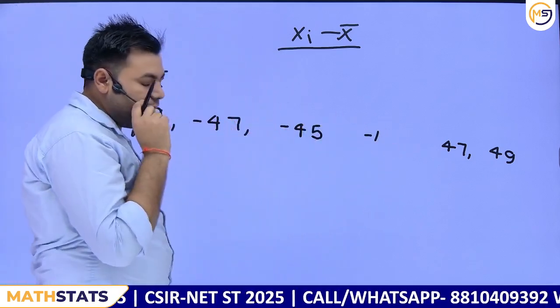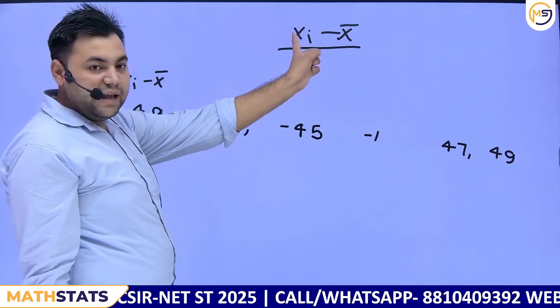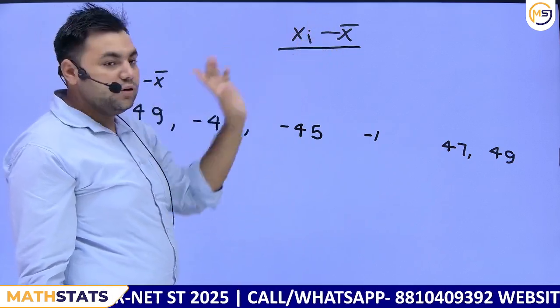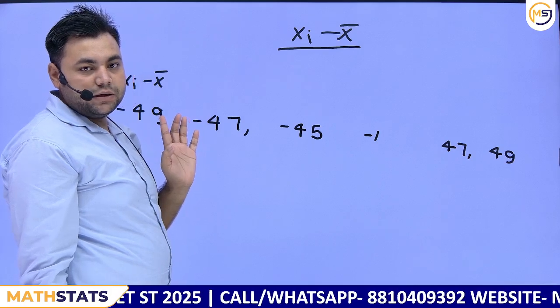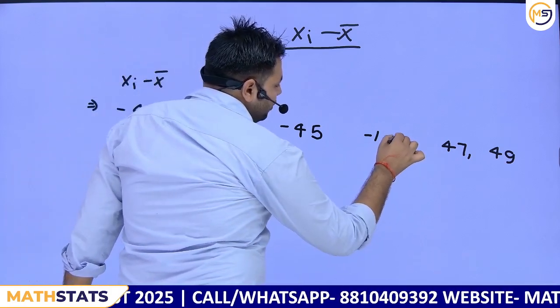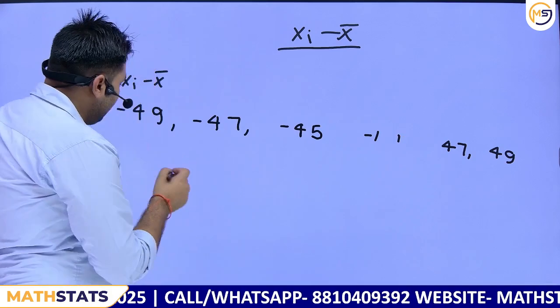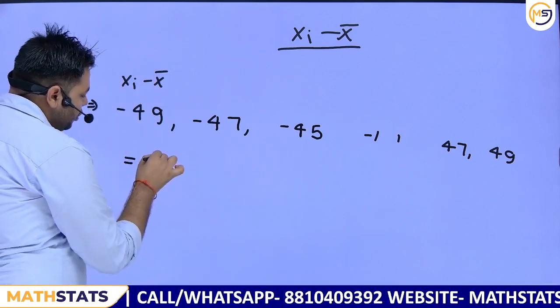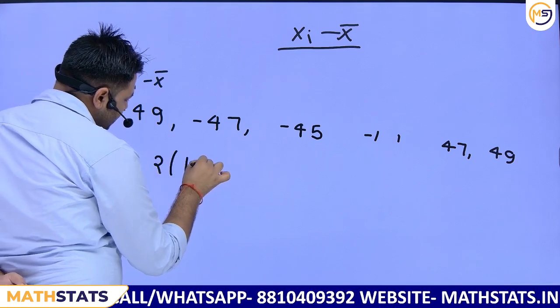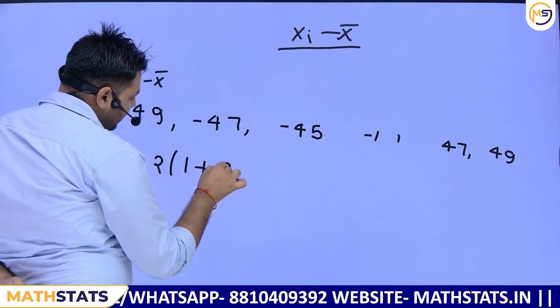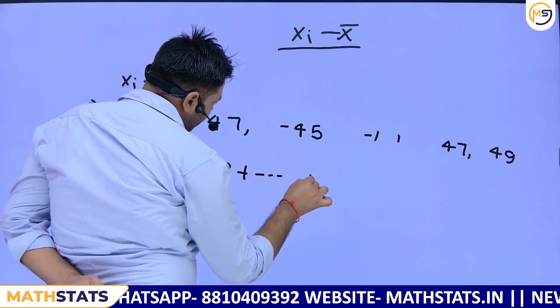And when is the value minus 1? When we take xi equal to 49, then the value is minus 1, right? So here also one value is 1. So when you add these, you get 2 into 1 plus 3 plus and so on plus 49.